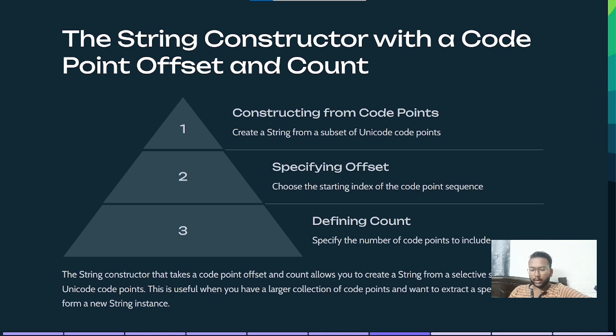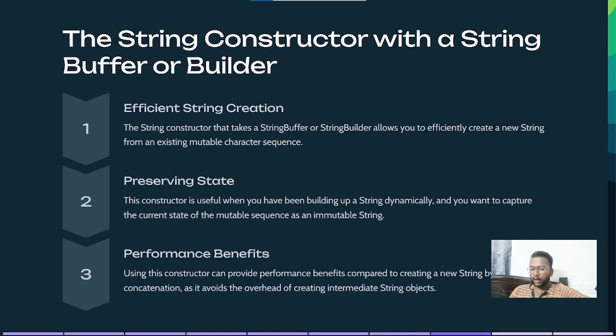The string constructor that takes a code point offset and count allows you to create a string from a selective subset of Unicode code points. This is useful when you have a larger collection of code points and you want to extract a specific range to form a new string.